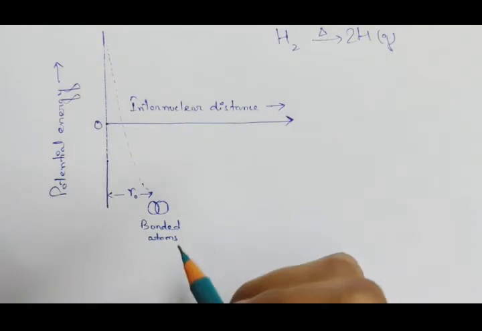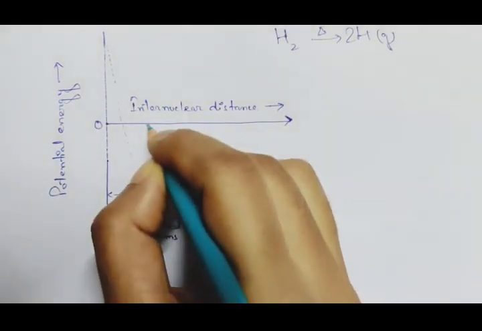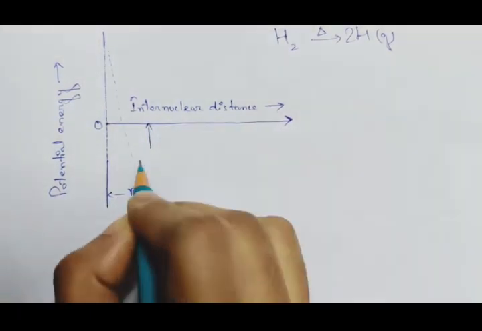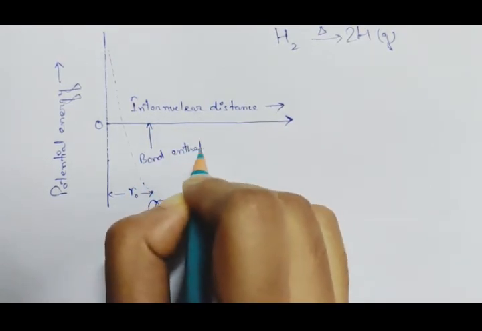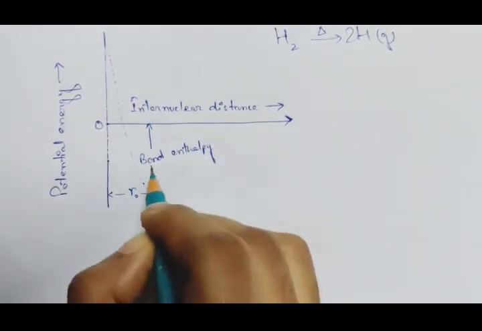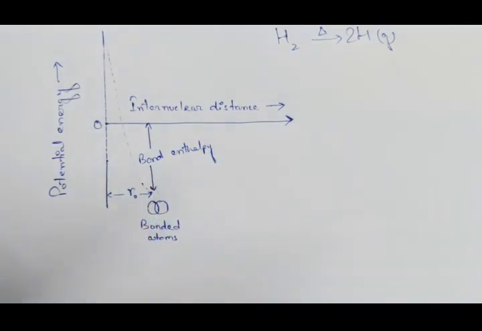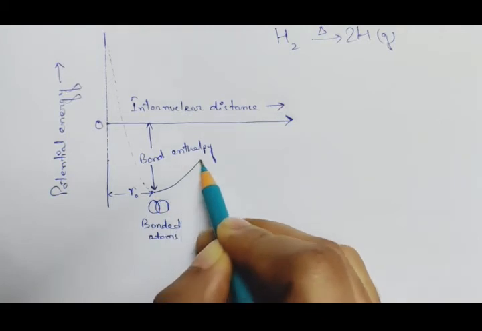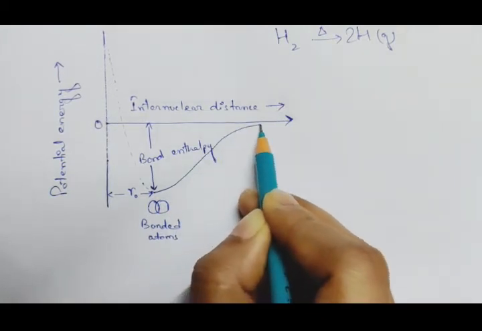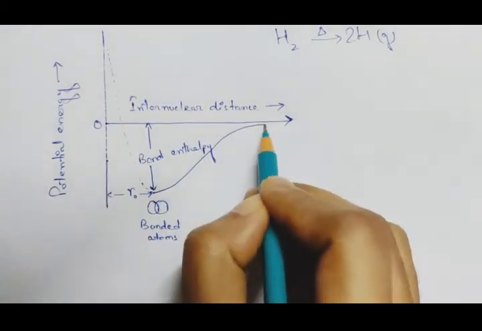Clear? Now this is the energy that is provided to break the bond, that is the bond energy, or bond enthalpy. This much energy has been provided to break this bond. Now gradually this energy will again increase and it will reach a value very close to this one.